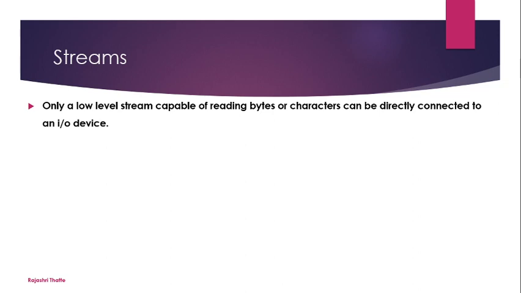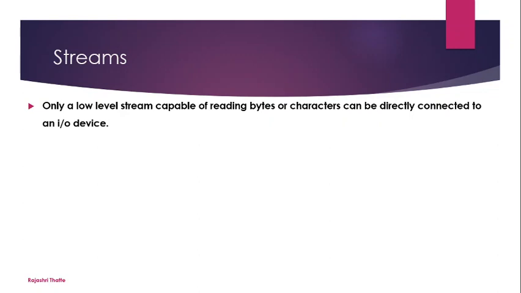So even though I am saying that in our program, whenever we need to take data from an input device, we are using streams, the data coming from the input device to your program is not coming directly.